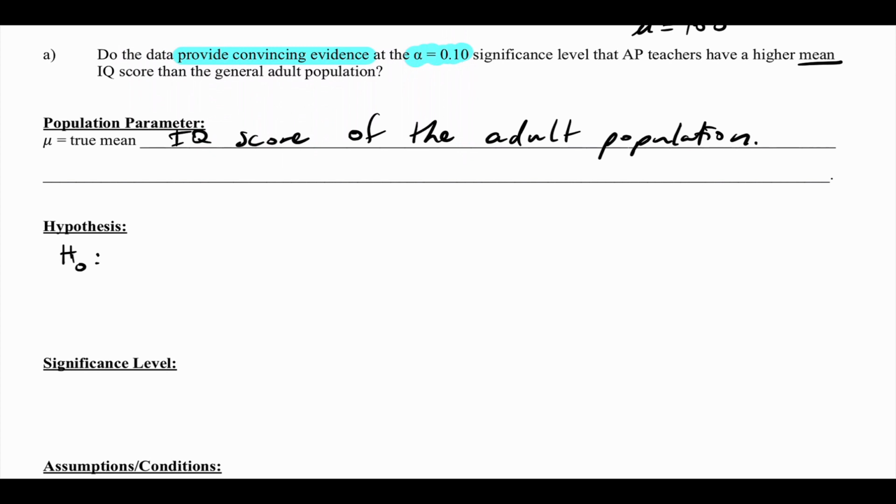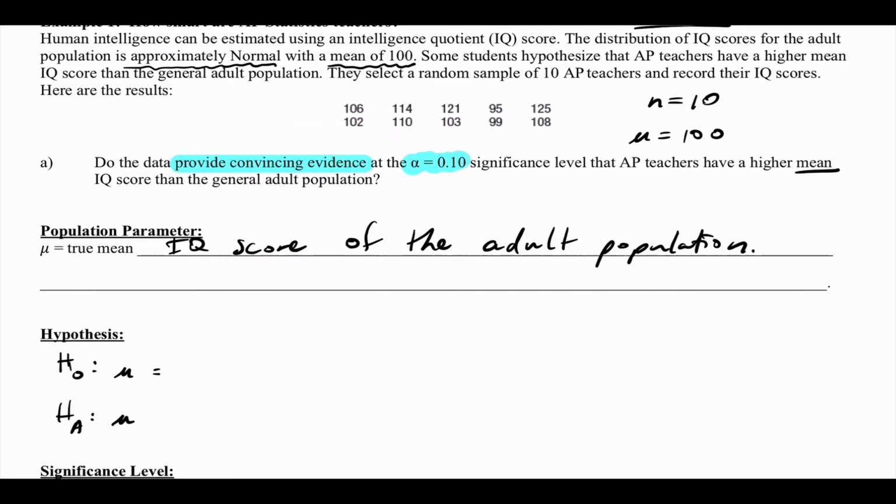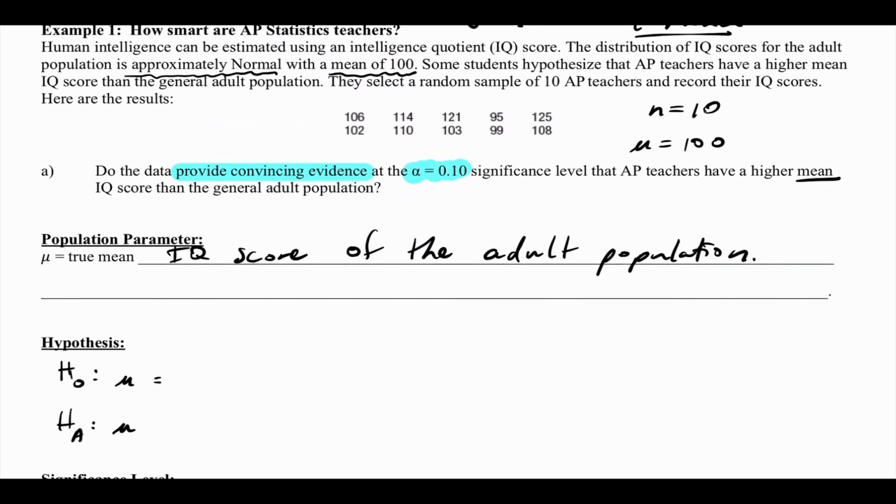Then we have two hypotheses. Always have two hypotheses. This one's going to be mu, the true mean. So what's the claim? The null is that the true mean score is 100, the same as the adult population. So that 100 is going to go out here too.